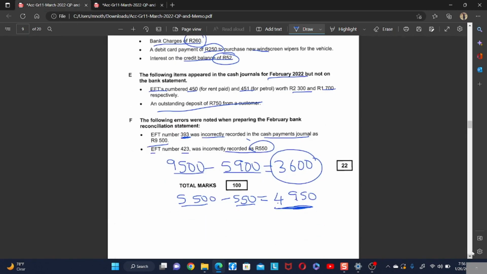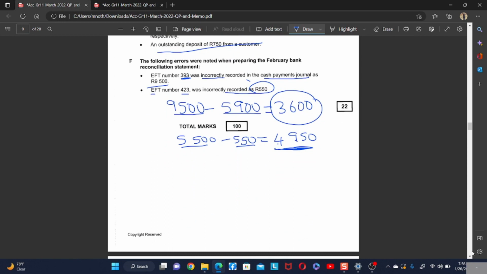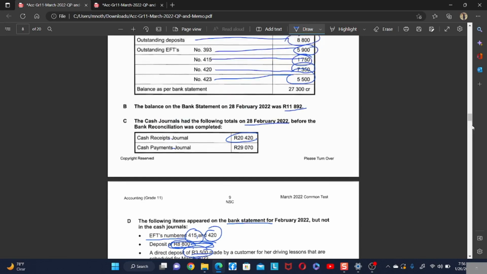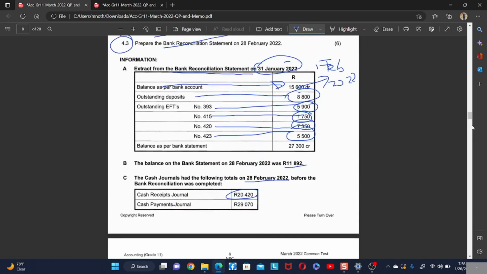So we need to find the balance as per bank account. To find the balance as per bank account, we need to do the bank account. So this is your bank account. Remember I said that the opening balance of the bank account you must get in the previous month's bank reconciliation.